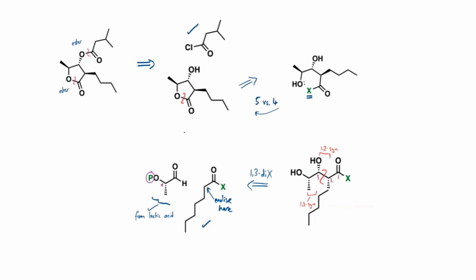In this case we will get an ester and an OH group. Now if we rotate this bond, this comes here and this goes here, then it will be below the plane.